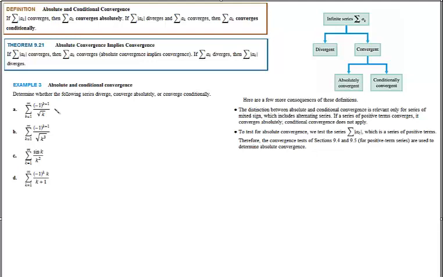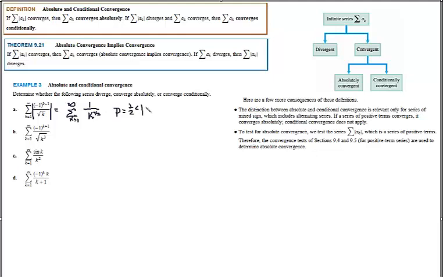So let's look at this first series. If I look at the absolute value of this, which is what they have me do, I need to see if this absolute value converges. That means all I'm really looking at is the sum from k equals 1 of 1 over k to the 1/2. So this is a p series with p equal to 1/2, and 1/2 is less than 1. So this does not converge absolutely.